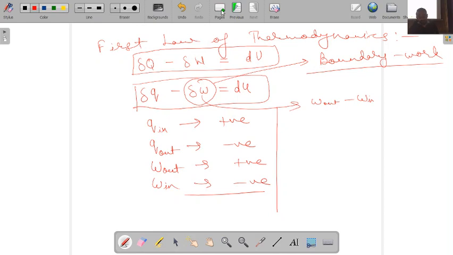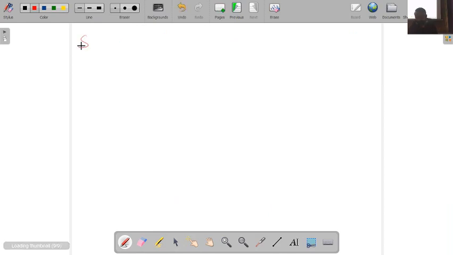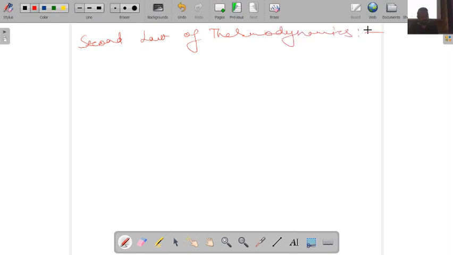Likewise, the first law of thermodynamics, we also have the second law of thermodynamics. So first you just tell me why there is a need for the second law of thermodynamics. What is the need?